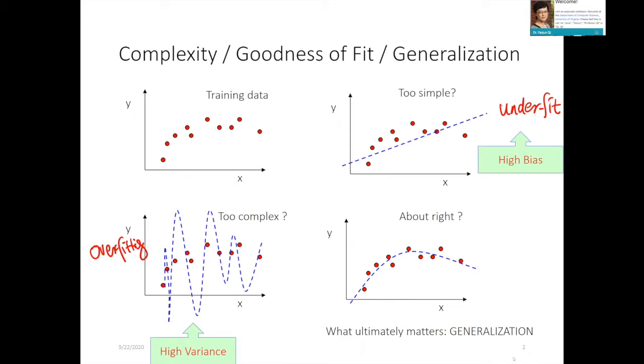Normally, for something like polynomial regression, there are different kinds of hyperparameters you need to tune. So how do you get it right? This issue is really about the complexity of the model and goodness of the fit. But in the end, what we are ultimately looking for is generalization to future data.